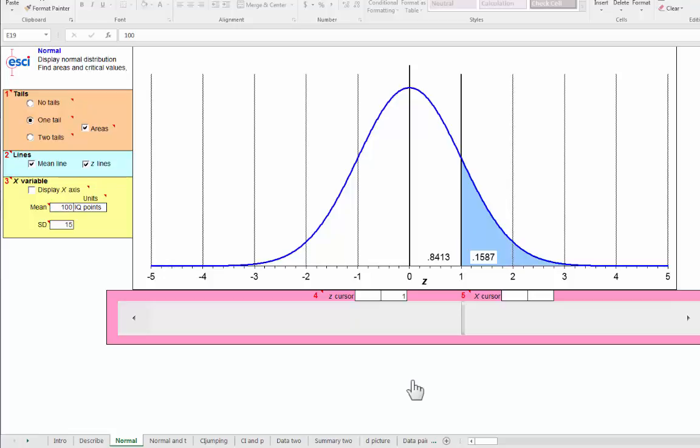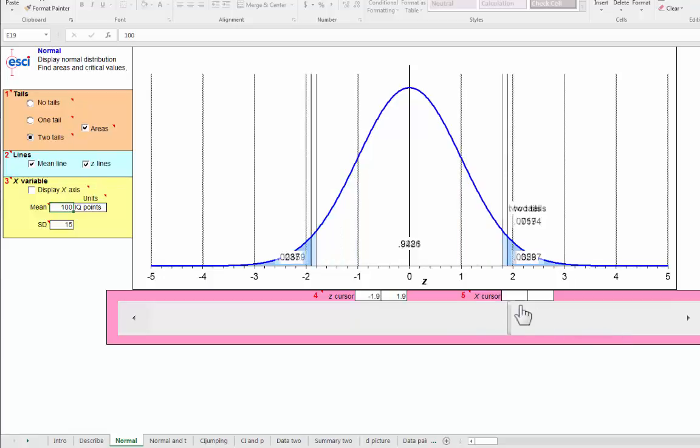Let's find more accurately the critical value of Z for 95%. I want to have two tails and move the cursor out until the area between the two cursors here is 0.95. I've overshot.